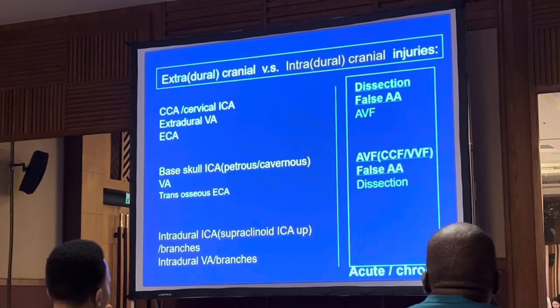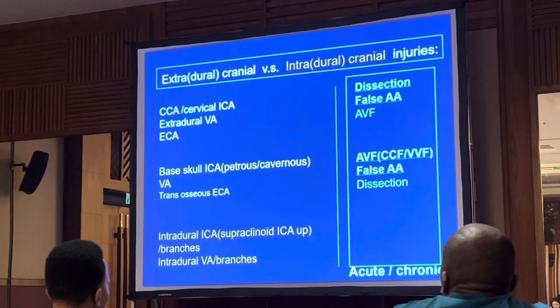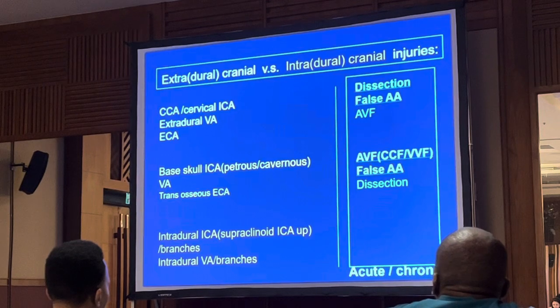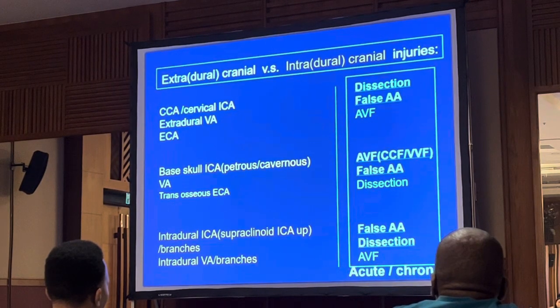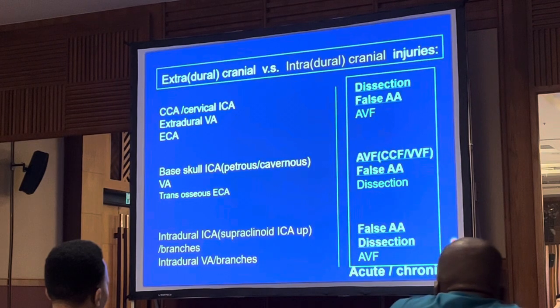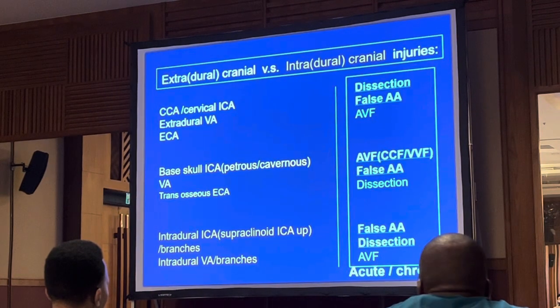From the skull base, you may have, for example, arteriovenous fistula as the most common type of pathology, whereas in other parts you switch between the most common form from the top down. This is what we expose, and time is very important. You need to check for acute, subacute, and chronic.